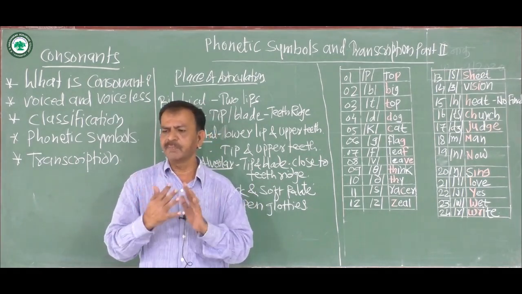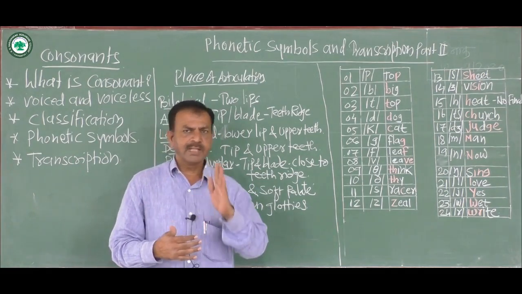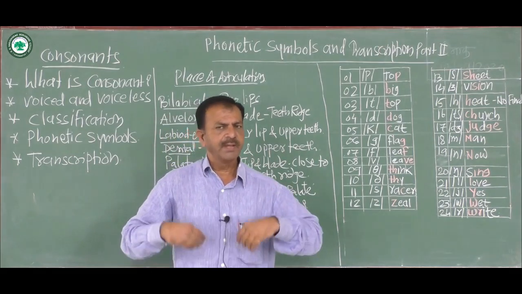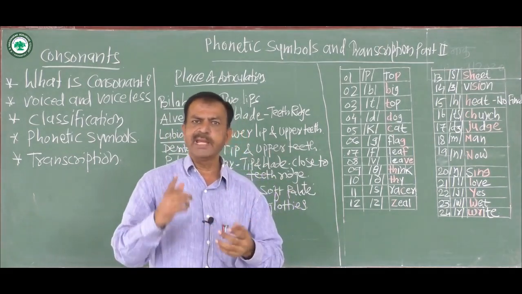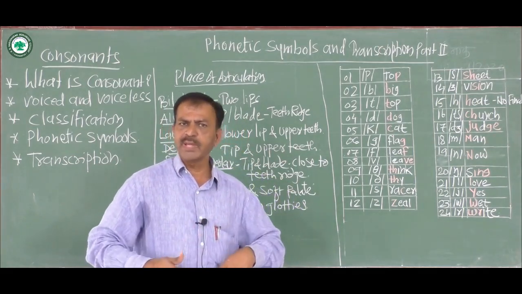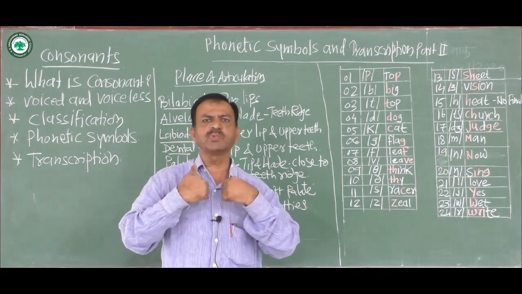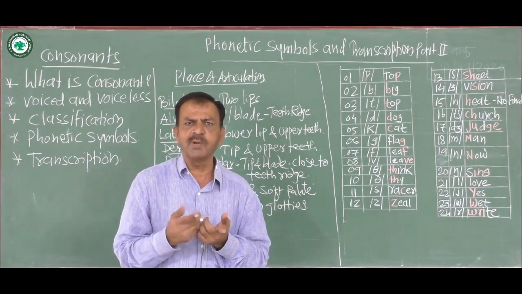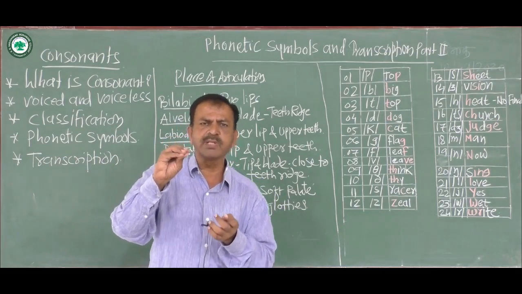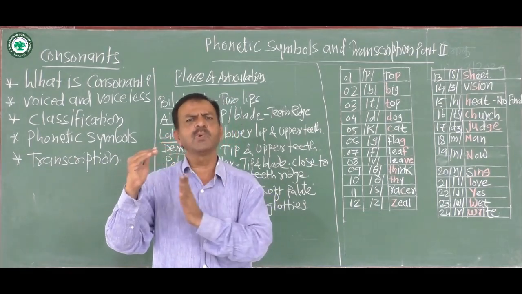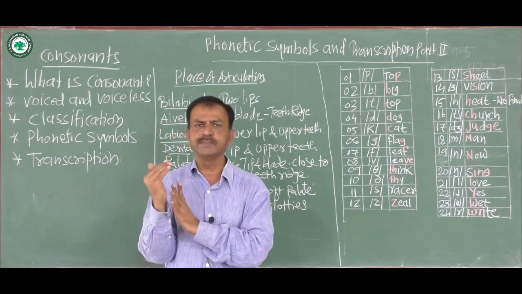To create a sound, air is needed. So air is supplied by the two lungs through the windpipe. It enters our mouth. Sometimes there is complete closure, sometimes there is narrow or partial closure.